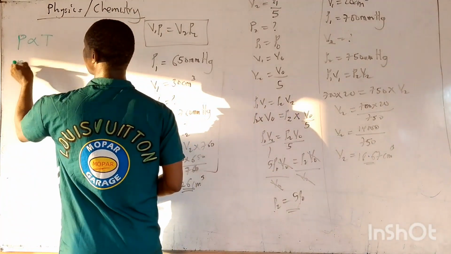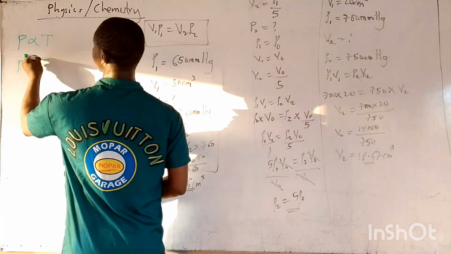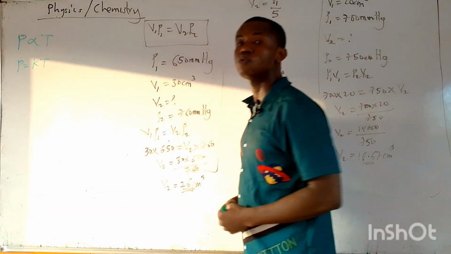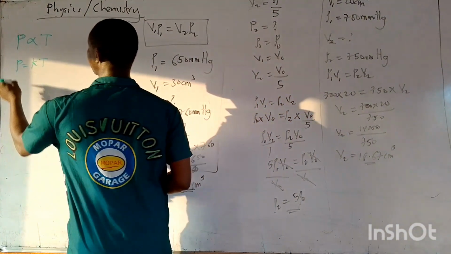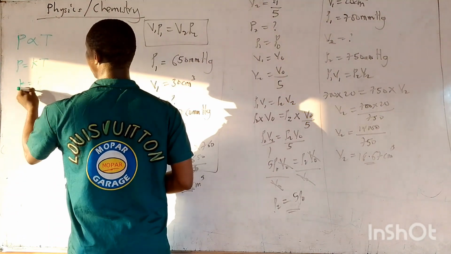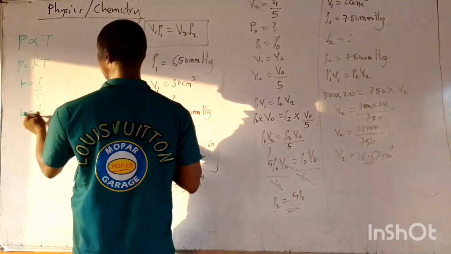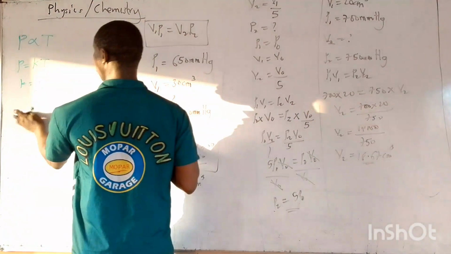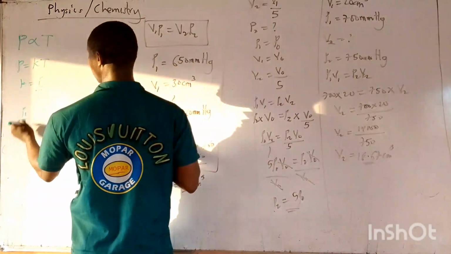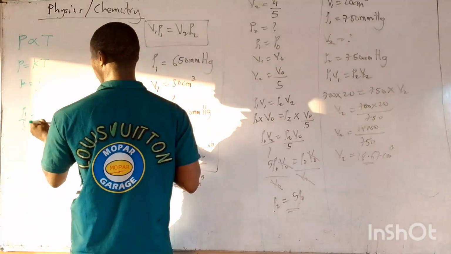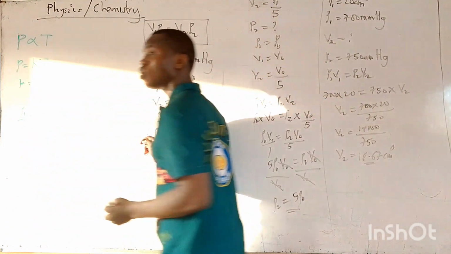So P will be equal to KT, where K is a constant. That means K will be equal to P over T. So P1 over T1 will be equal to P2 over T2. I hope you understand.